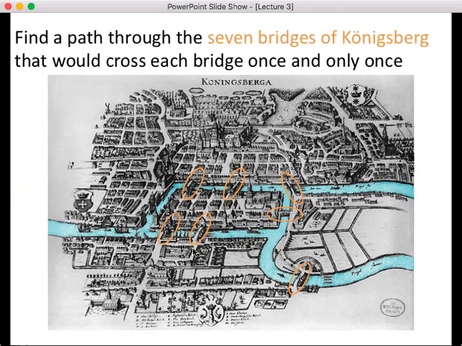Cross this one, here, and then I get stuck in this island. So that doesn't work. So you can try another path, and you can go ahead with that. We can go ahead for quite a while. Did any of you find a way to cross all the bridges only once and go in all the islands?